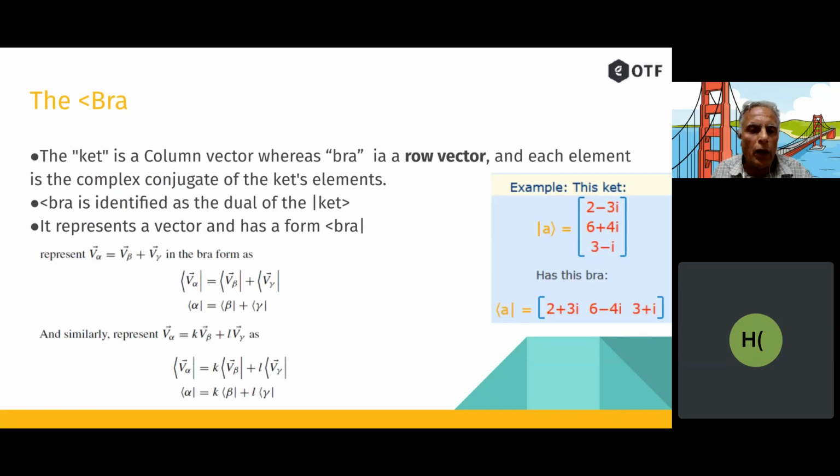The other one is Bra, which is the dual. So Ket is a column vector, whereas Bra is a row vector. And each element in the Bra vector is a complex conjugate of the Ket's element. So Ket A is equal to 2 minus 3i, 6 plus 4i, and 3i, which is a 3 column. So you can take a complex conjugate of this.